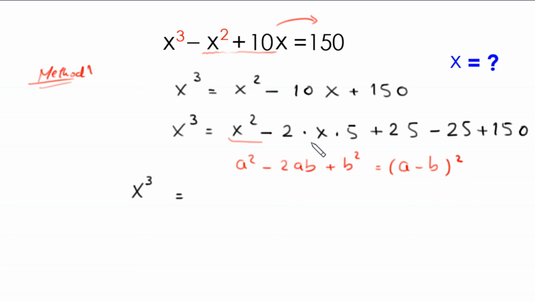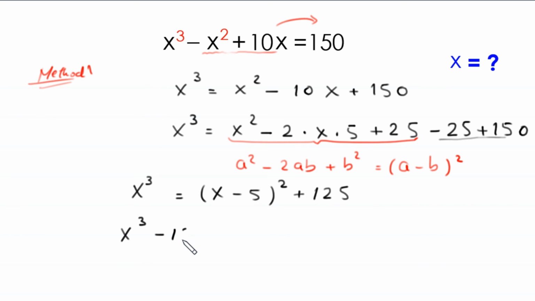This x squared minus 2 times x times 5 plus 5 squared will become x minus 5 whole squared, and negative 25 plus 150 will become plus 125. Move this 125 to the left hand side. This will become x cubed minus 125 equal to x minus 5 whole squared.